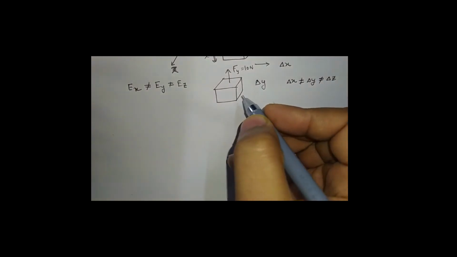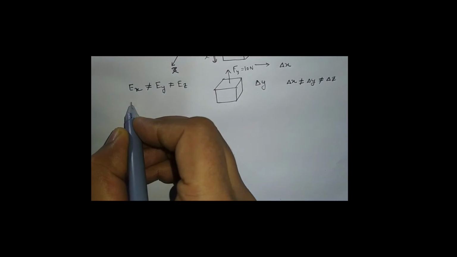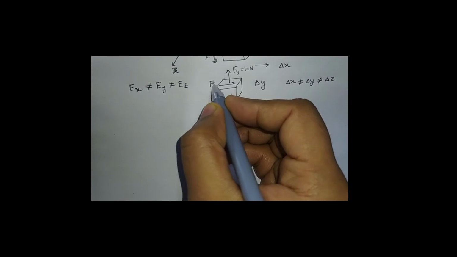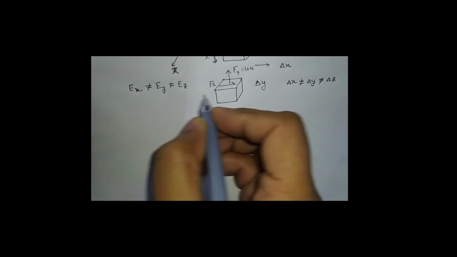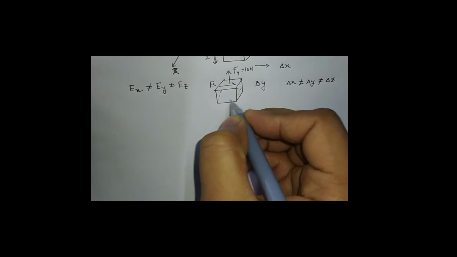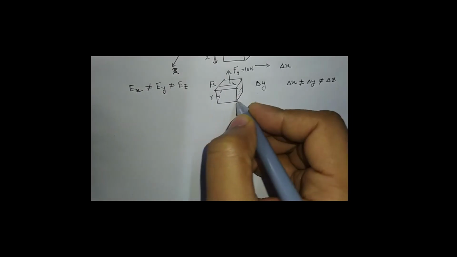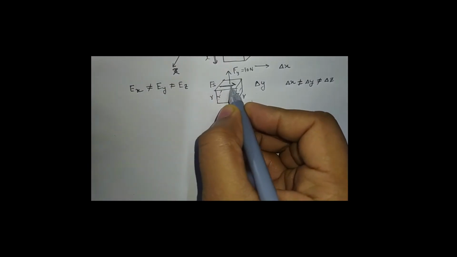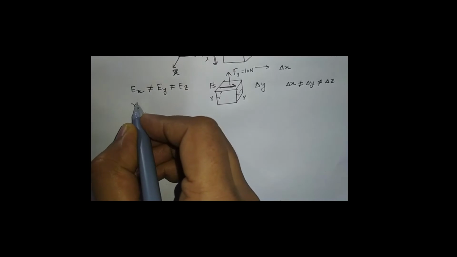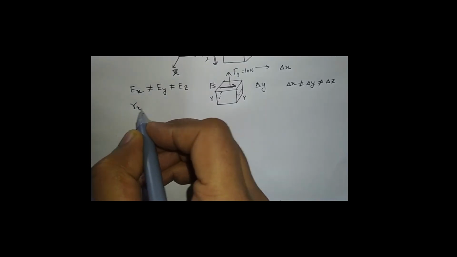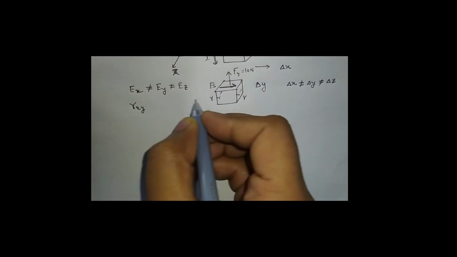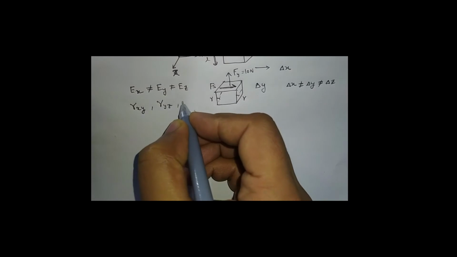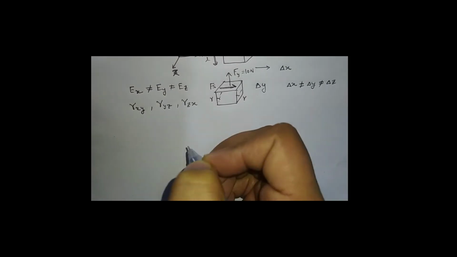Also in the orthotropic material, for example, if we apply a shear force, let's say Fs, the angular deformation due to the force in the X direction, let's say gamma xy, gamma yz and gamma zx.